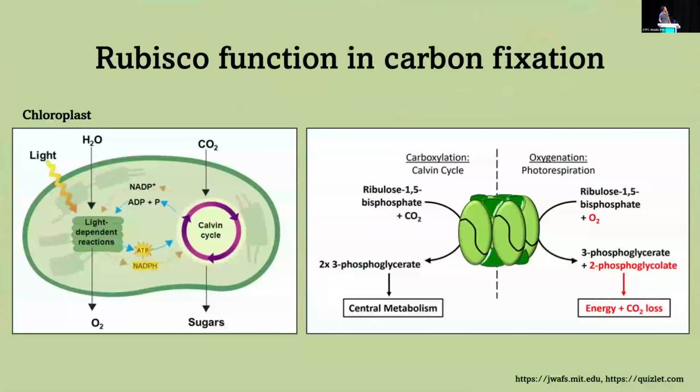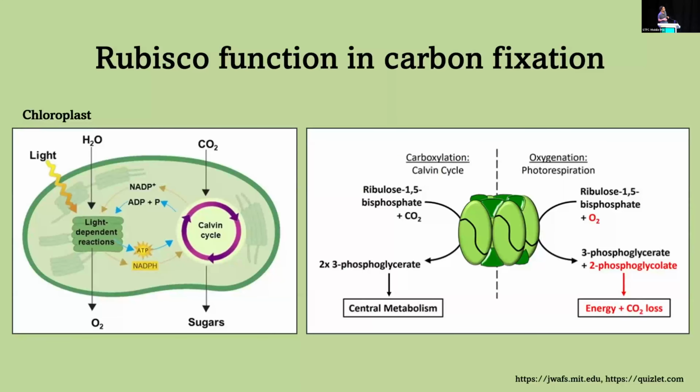So rubisco, as you may have heard, is the most important protein on Earth. It's important because it catalyzes the fixation of inorganic carbon, and the vast majority of CO2 is indeed fixed by rubisco. It's a major player in what's called the Calvin cycle, and the energy comes from the light harvesting complex from the sun mainly.